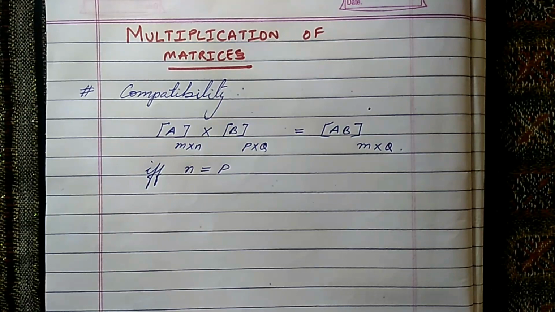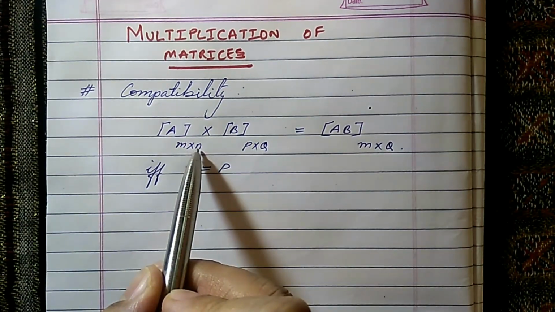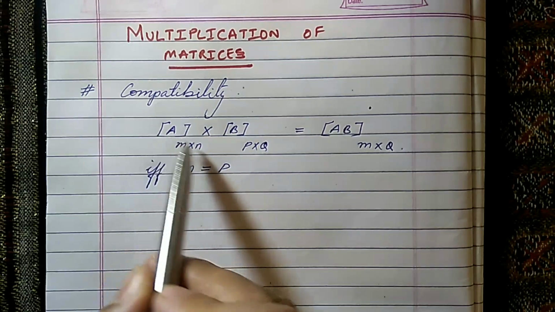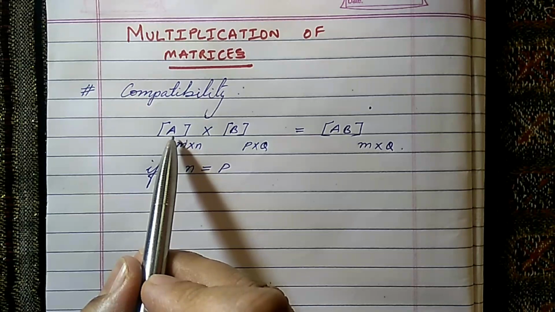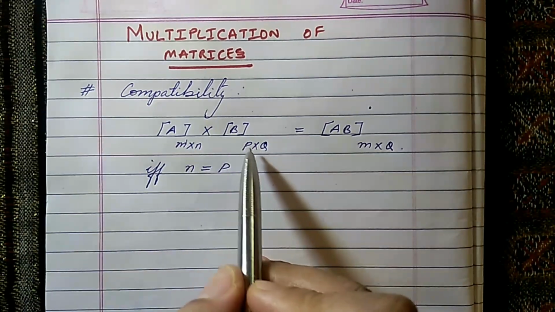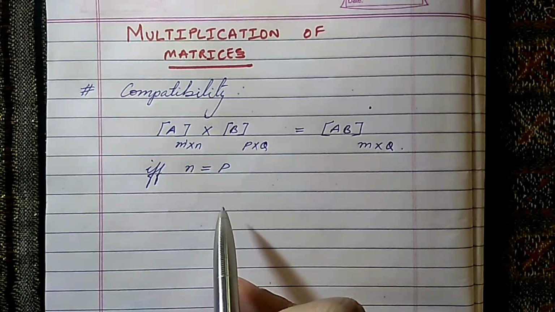So what does it mean? When I write the order m by n, it means there are m rows and n columns for matrix A, and for B there are p rows and q columns.